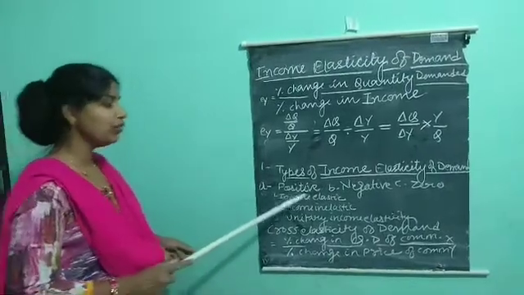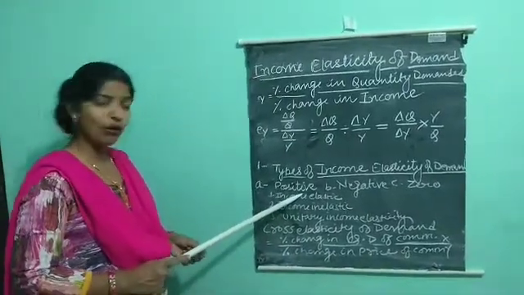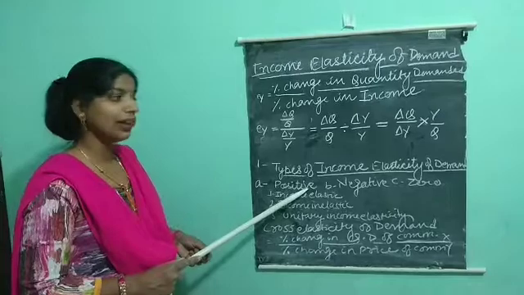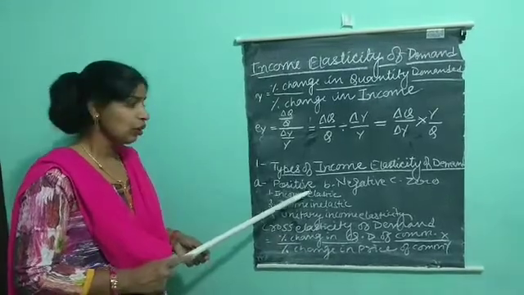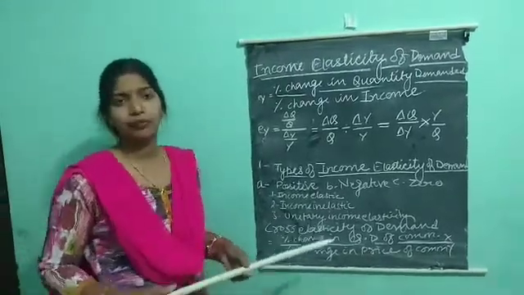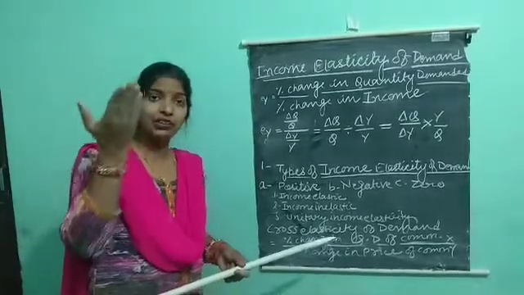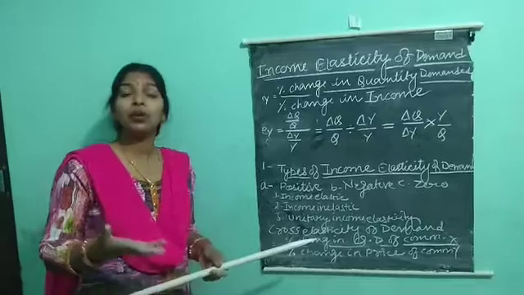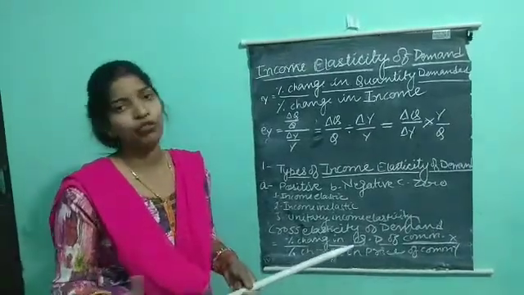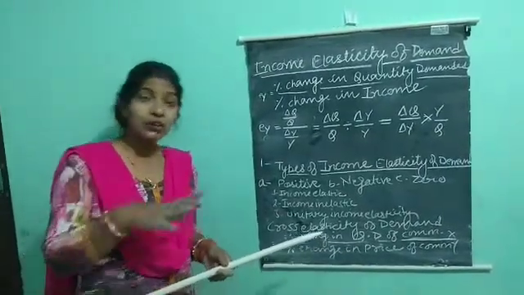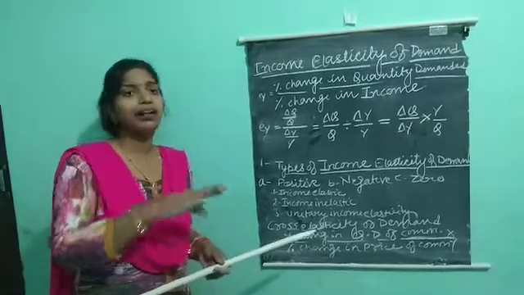First of all, I will tell you the meaning of positive income elasticity of demand. What is the meaning of positive? Positive means if income is increasing, the consumer is also purchasing more and more quantity of a commodity. It means there is a positive effect of income on the demand of the consumer.